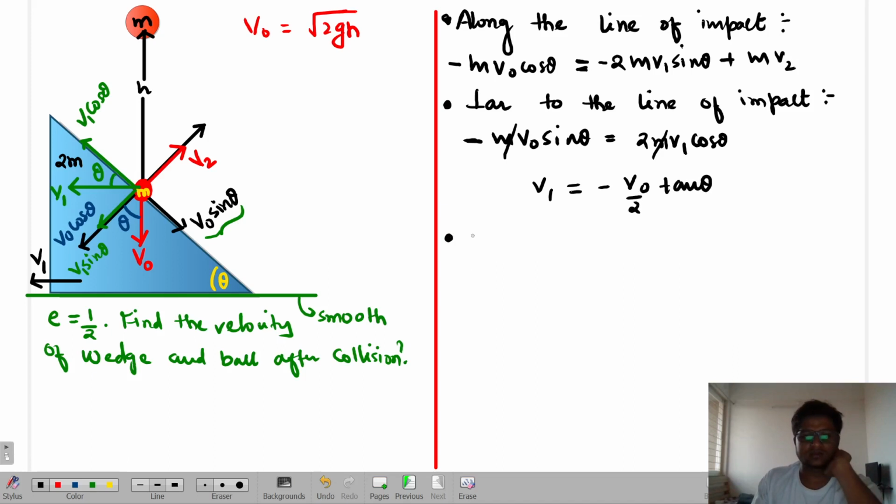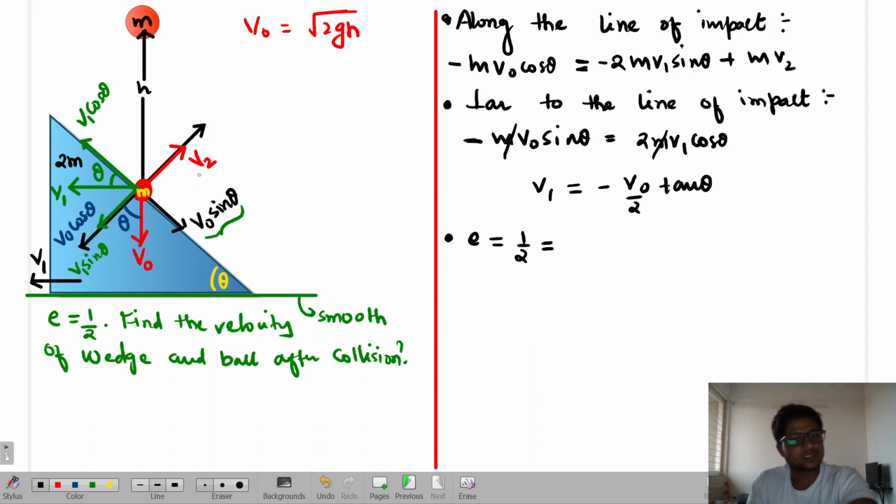Now applying the coefficient of restitution equation along the line of impact, e is exactly equal to 1 by 2, and that is exactly equal to velocity of separation over velocity of approach.